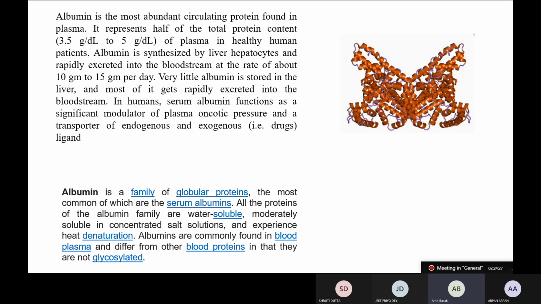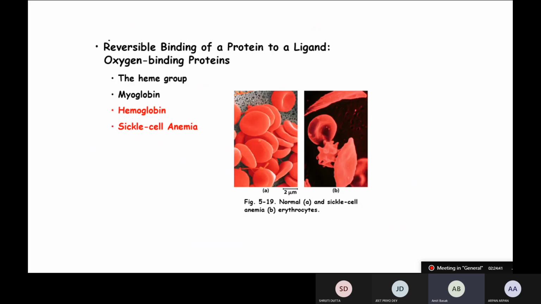You just read it and that will be enough. There is nothing to understand here; it is just information given for all these protein molecules. Of course, myoglobin and hemoglobin are very important. They are the oxygen transporters.